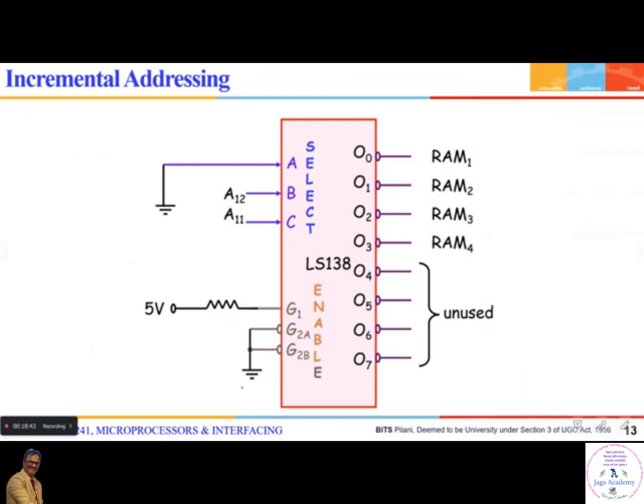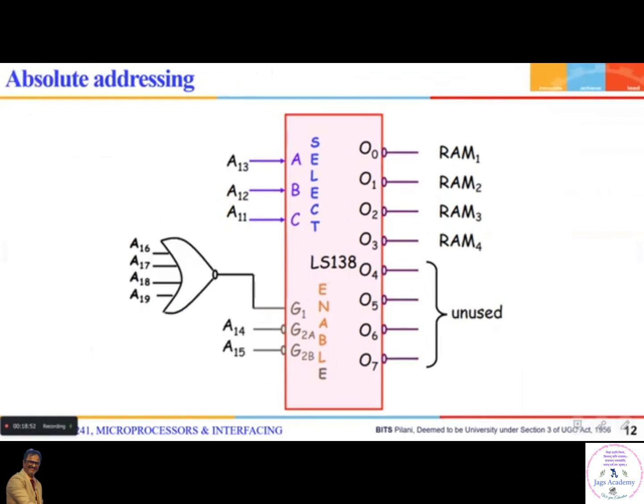So have you understood the difference between absolute addressing and incremental addressing? In absolute addressing, you use the entire A19, like I have shown here. You use everything. But see, this A13 is permanently zero in the entire address range. Do we need to use the A13 line there, since it is permanently zero?